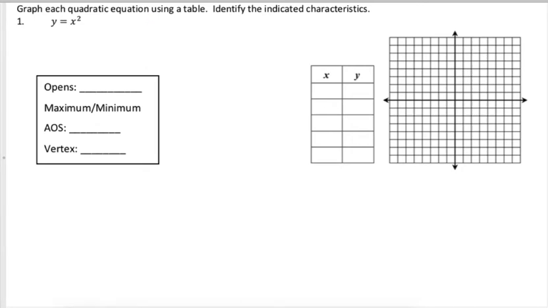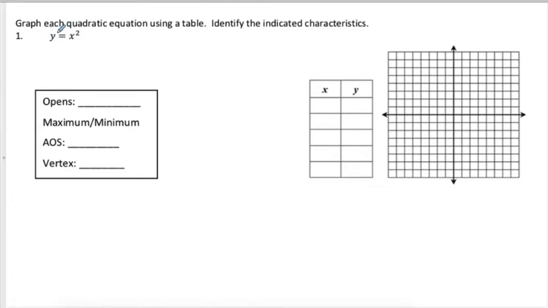Here's our most basic quadratic that we can graph. It is y equals x squared. Looking at standard form, this would be plus 0x plus 0. So the only thing that it has here is the quadratic form. In fact, they call this the parent function because all other quadratics mirror what this one's doing. Let's fill out the things that we did last time before we get into our graphing. First, A is positive, so that opens up, making it a minimum.